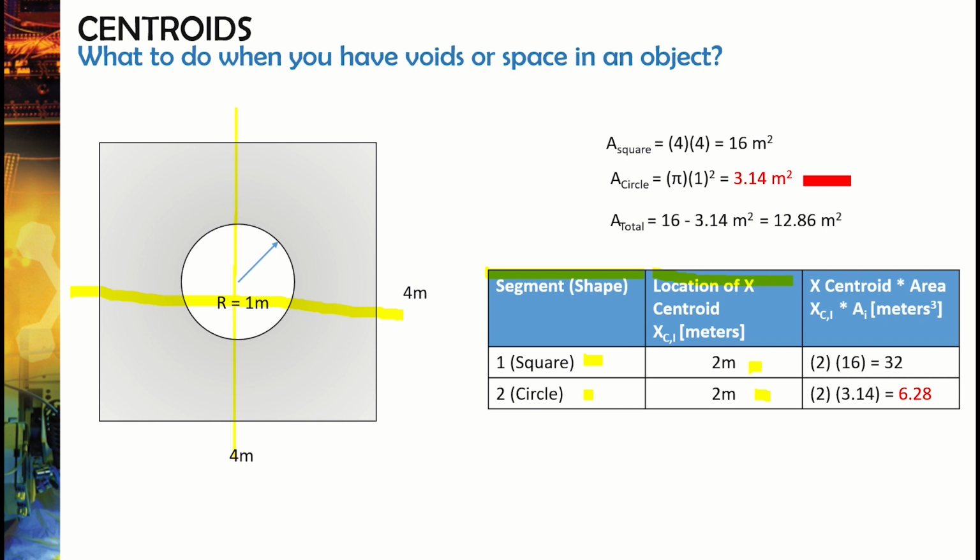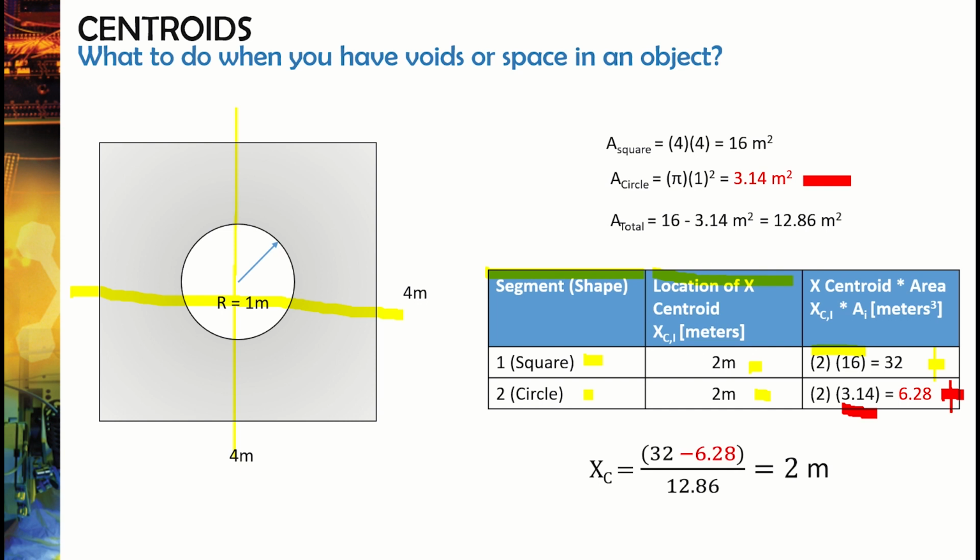What we can see happen is that when we take the area, we will have 16 times 2 for the square, gets us a positive 32, whereas for the circle, we actually will get 2 times 3.14, but this will be negative because we have a negative area right here, multiplied by our center.